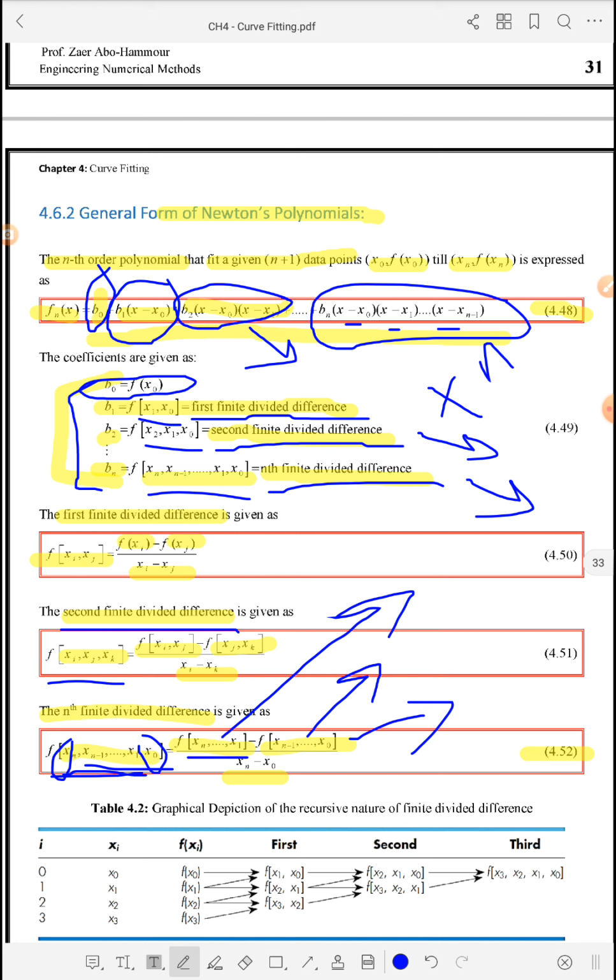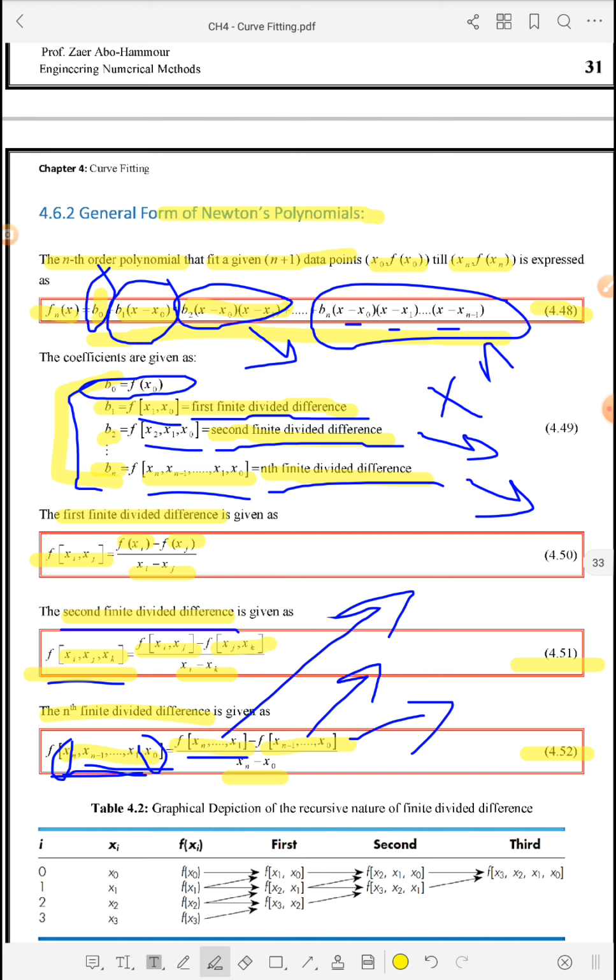If we go back to equation 4.51 in order to clarify this, so here, if we calculate this second order divided difference, it will be the difference between two first order ones.